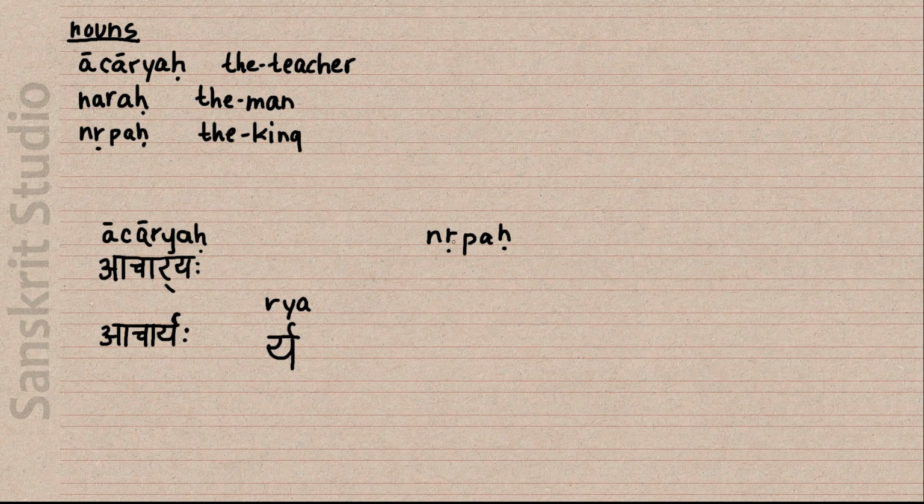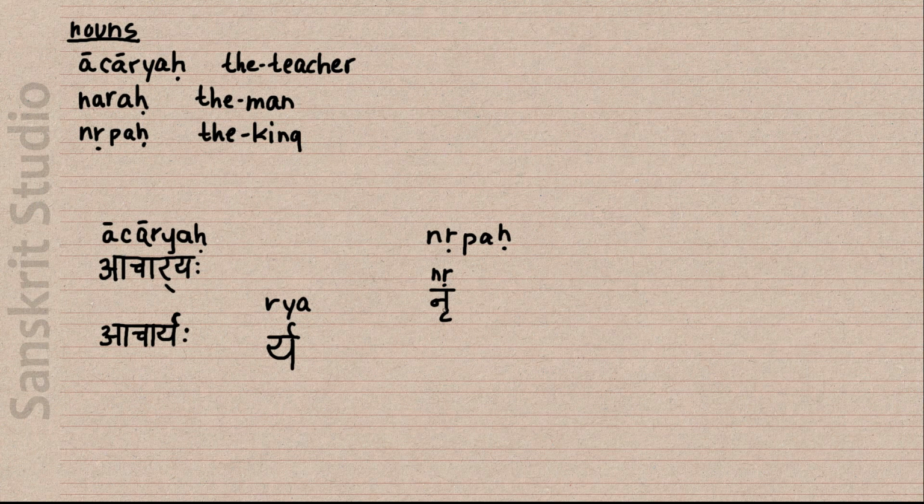We have done something similar here with the r sound, but the difference is that if we write this in Devanagari, we will do a little C, going from the bottom of the vertical stroke, not on the top but on the bottom. So that's nr, just that part there.